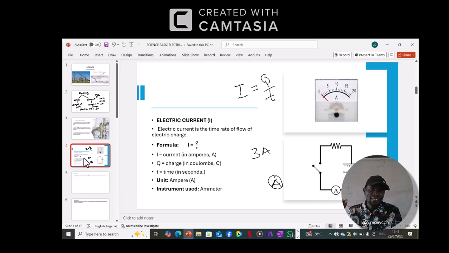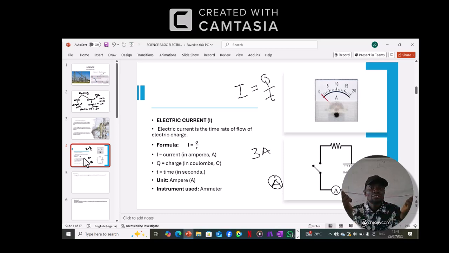In the first instance, the current through this conductor will be lower compared with when 20 coulombs of electric charge flows per second.